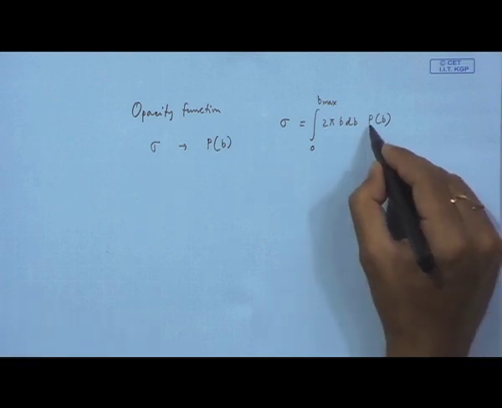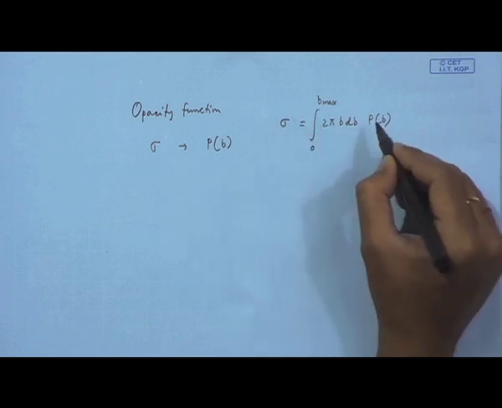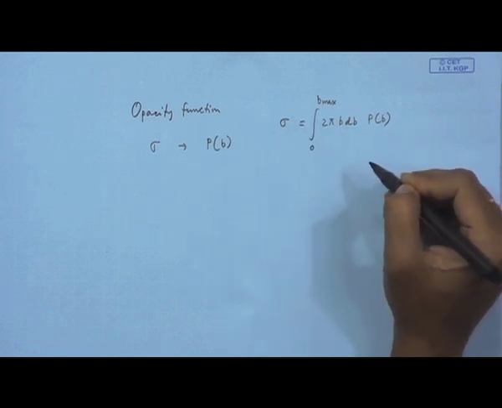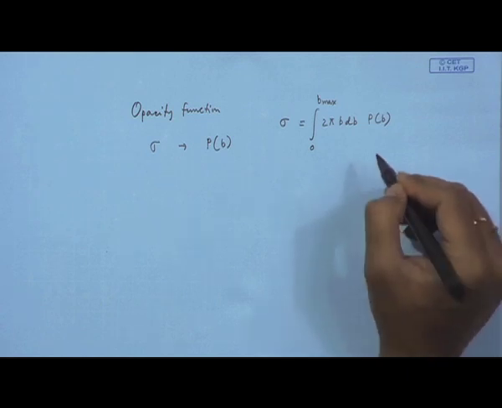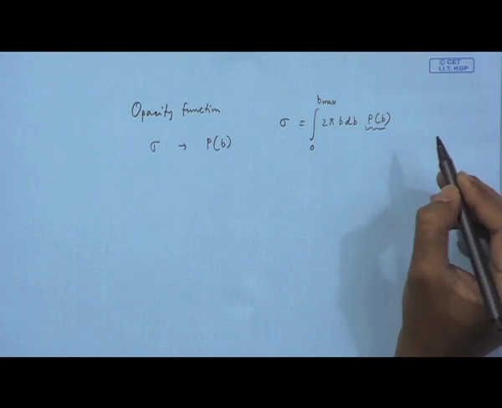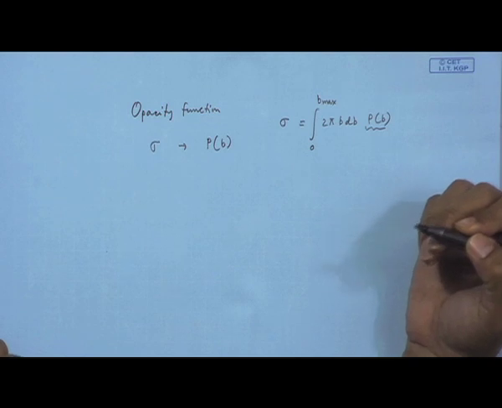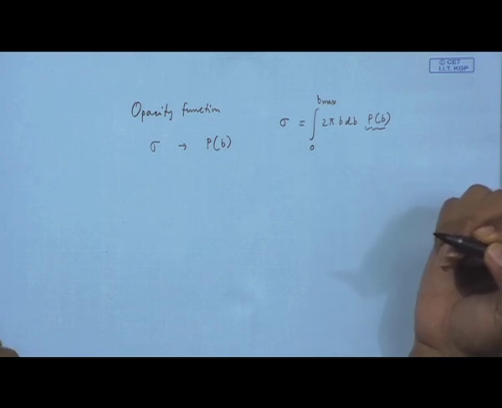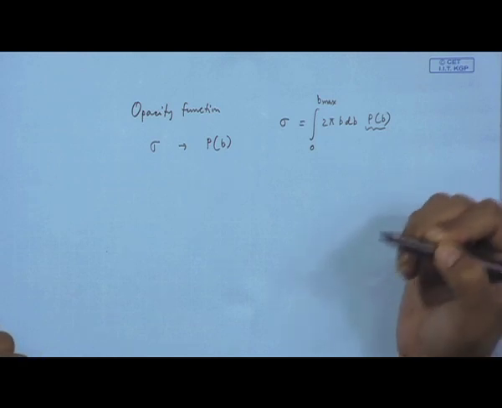Since P is dependent on B, when you determine this, you will be getting the B weighted magnitude. Rather than trying to find out this Pb, let us assume some simple functional form with very few parameters to understand it.